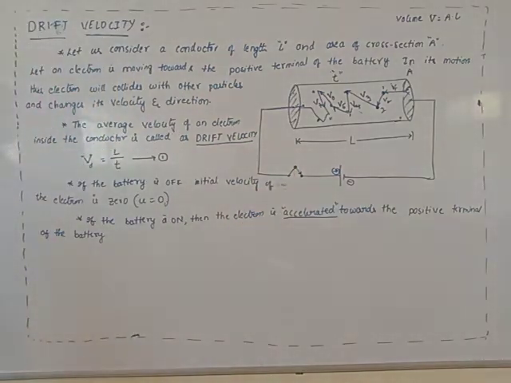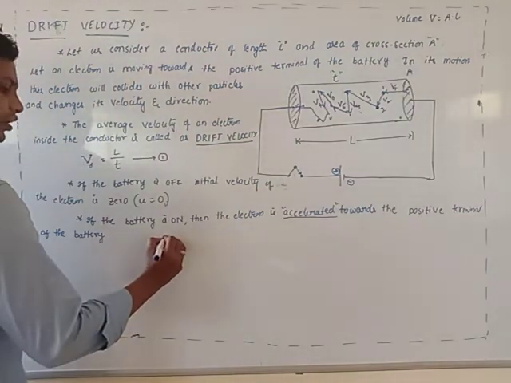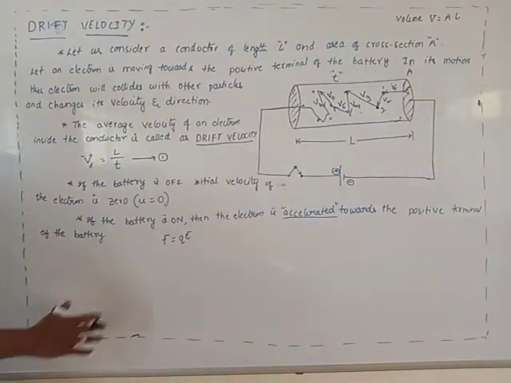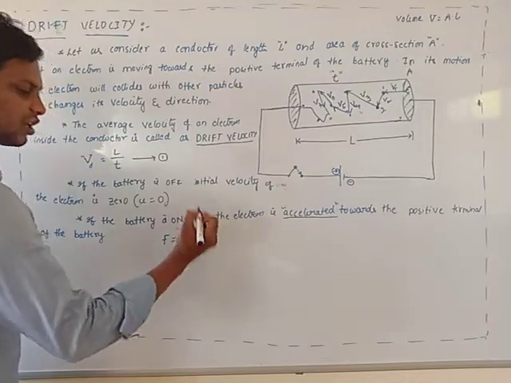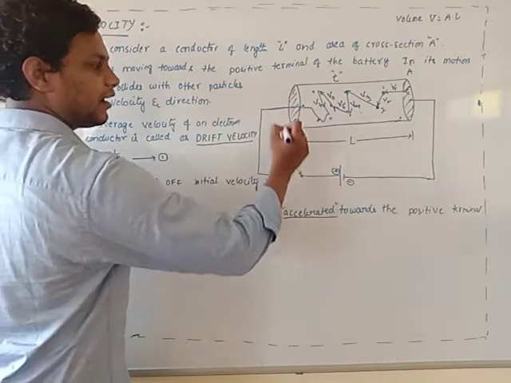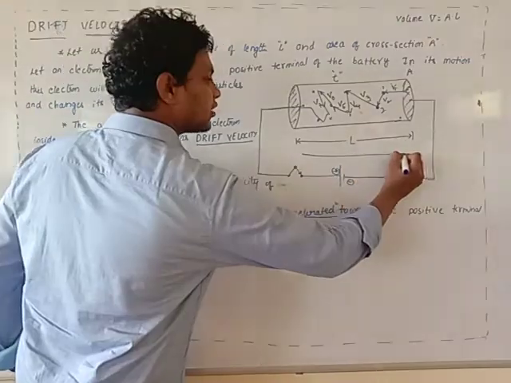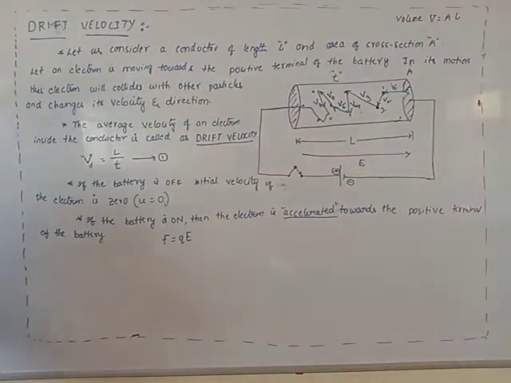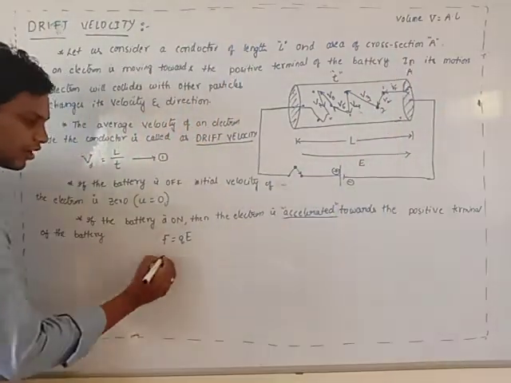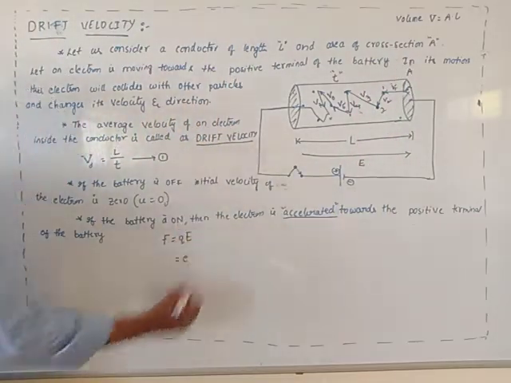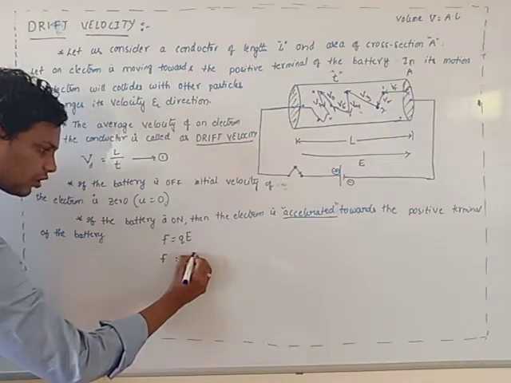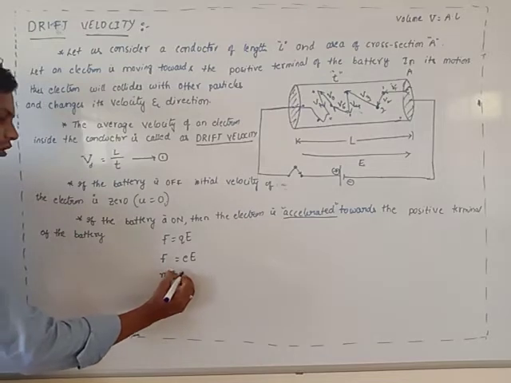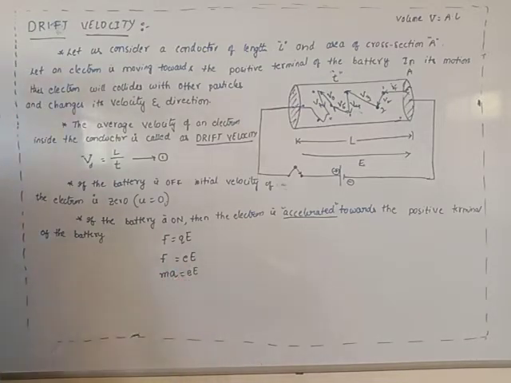Now how to find the acceleration? We know that F is equal to Q into E. Clear? Where E is the electric field and Q is the charge. Now E I will consider as an external electric field, from positive to negative. The charge here is nothing but the electron, so for the electron I will take the Q value as e. Then force F is equal to Q into E, and I will write force F as mass into acceleration, that is eE.